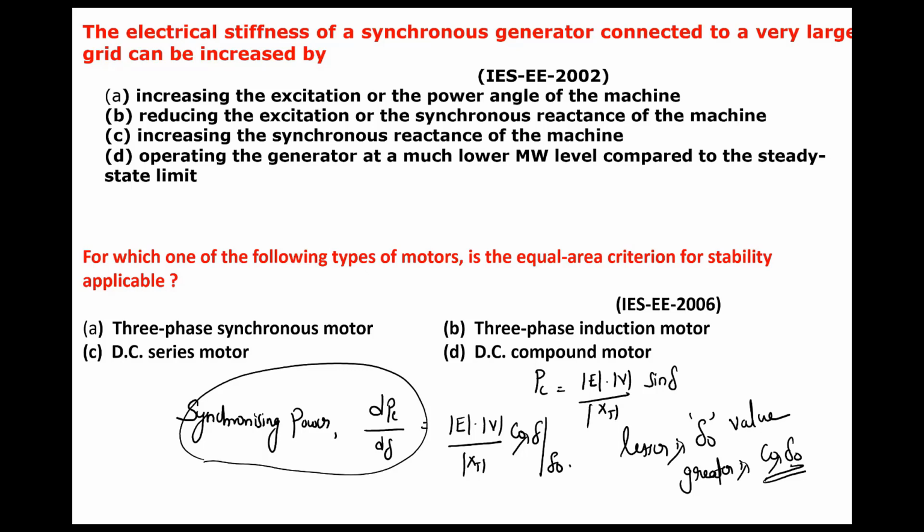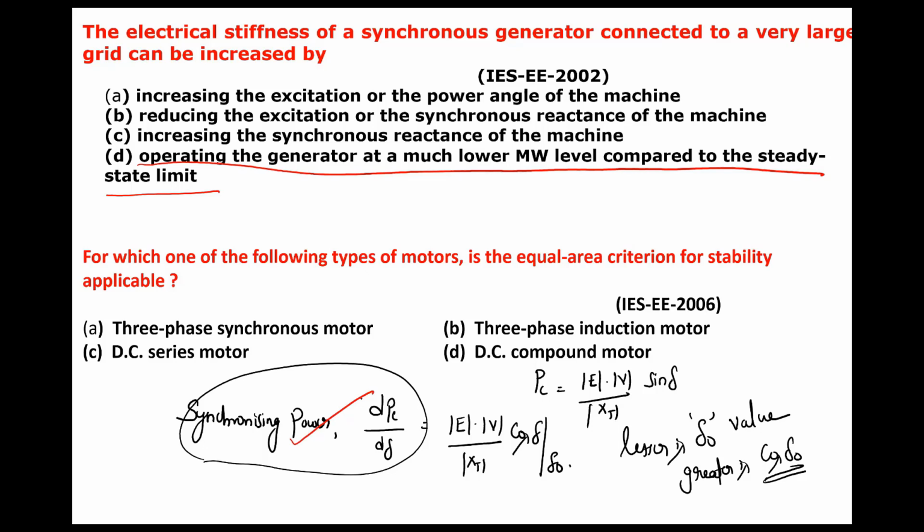So here, if we operate our power system at lower values compared to the steady state stability limit, that means if you supply a power output which is far less than your steady state stability limit, then your delta naught value is smaller. If your delta naught value is smaller, your synchronizing power or stiffness coefficient is highest.